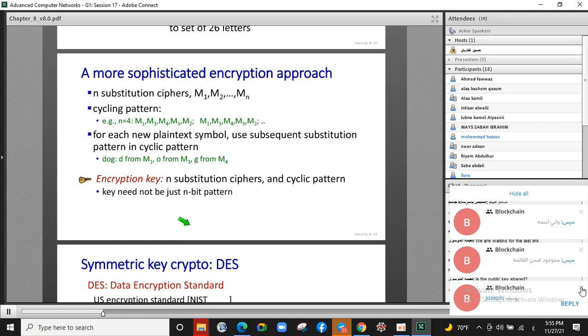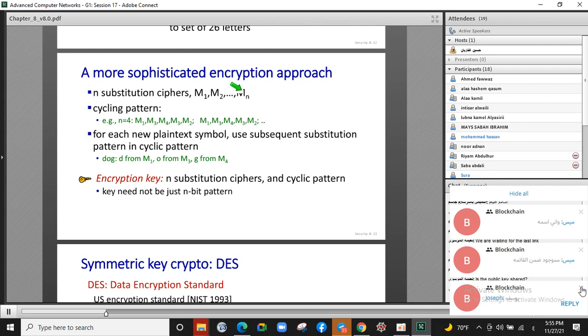We have another strategy. Instead of using one substitution cipher, I can use n different substitution ciphers. We show them by M1, M2 until Mn.